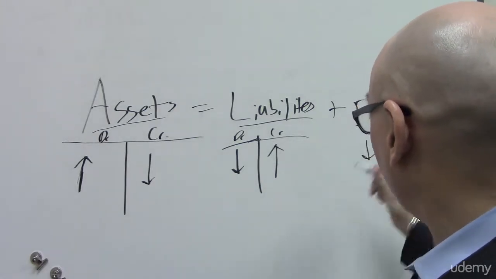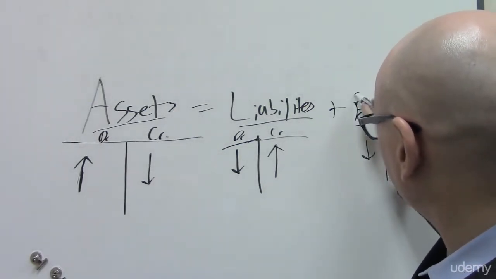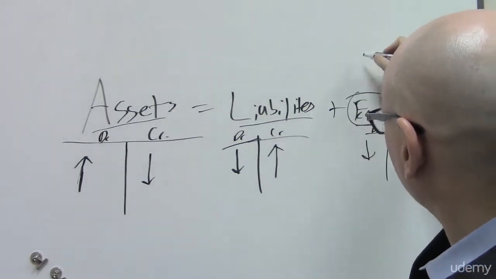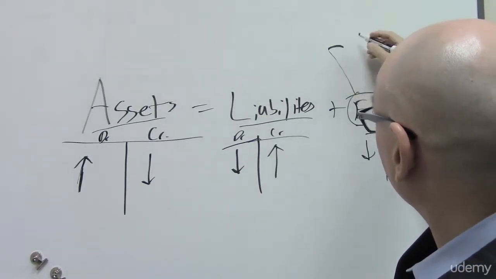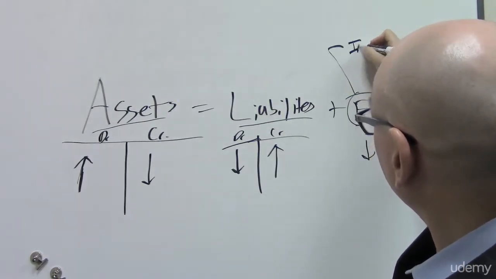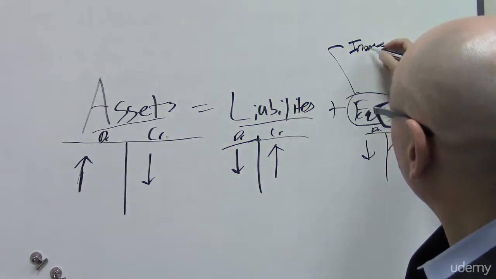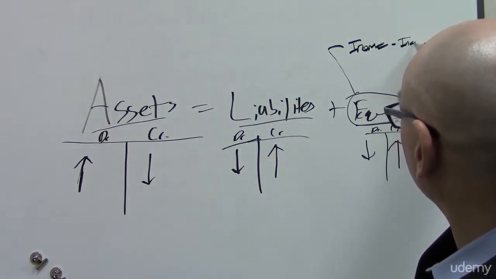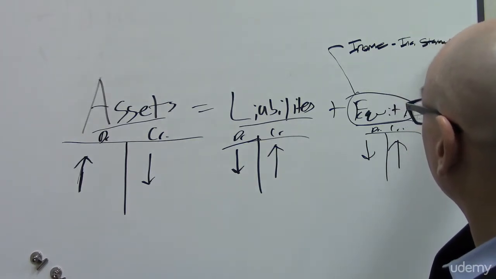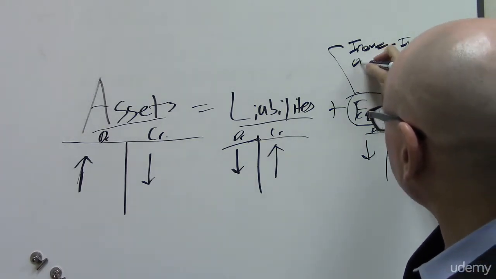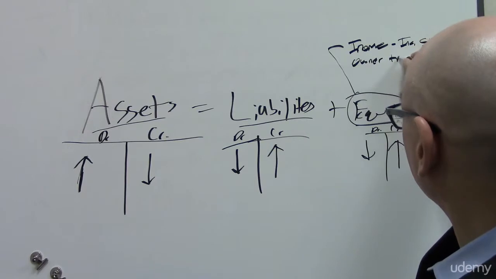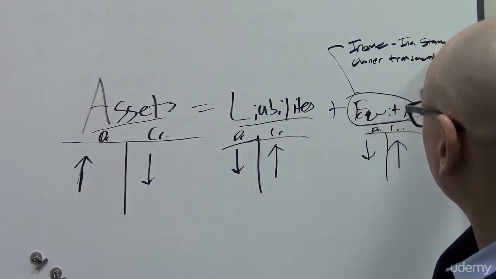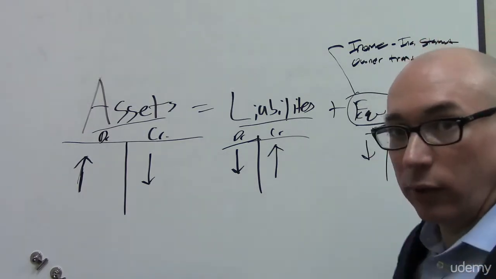Now, a part of equity is income from the income statement, and we have owner transactions. That's part of equity.